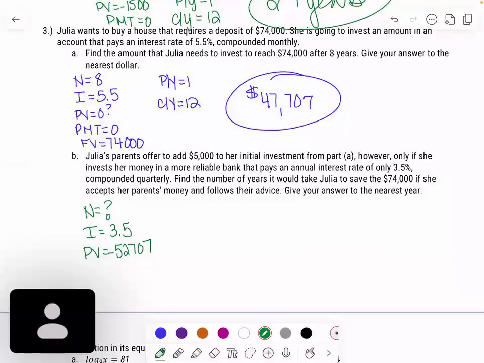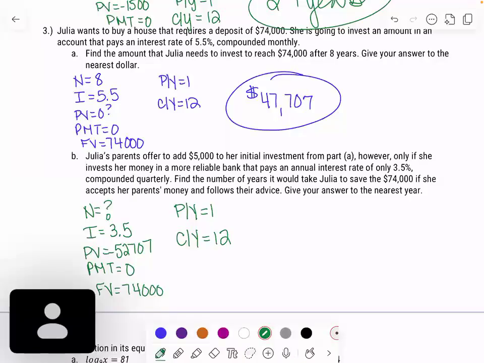Negative because it's coming out of her pocket. There is no payment. Okay. We know the future value is $74,000. Payments per year, again, the bank's only going to pay you once per year typically in these cases, and it's compounded quarterly.